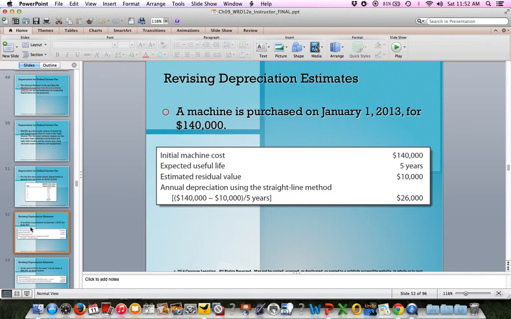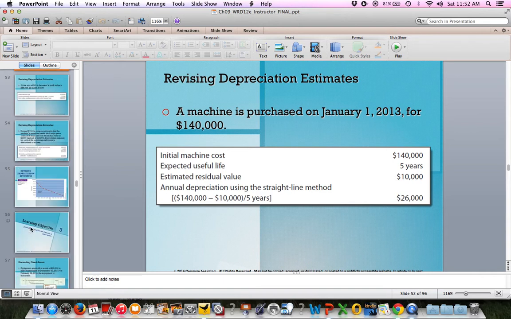Here's an example. We buy a machine. The initial cost is $140,000. We expected a useful life of 5 years, and we expect the residual value to be 10,000. Based on that, we're straight-lining this at 26,000 a year for 5 years. We'll depreciate 130,000 away and dispose of it for 10,000 in year 5. That's what we think is going to happen.